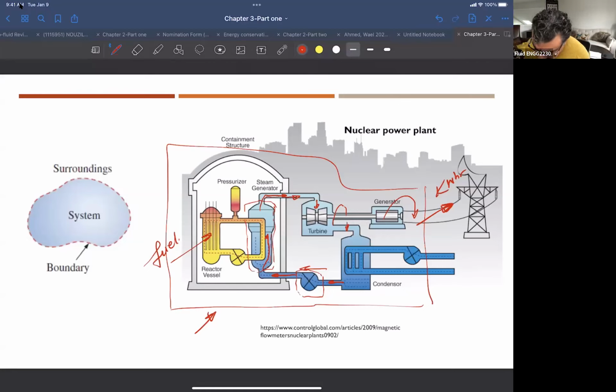So we call this our system, right? And we surround the system by an imaginary outline like this, and we call this outline the boundary.